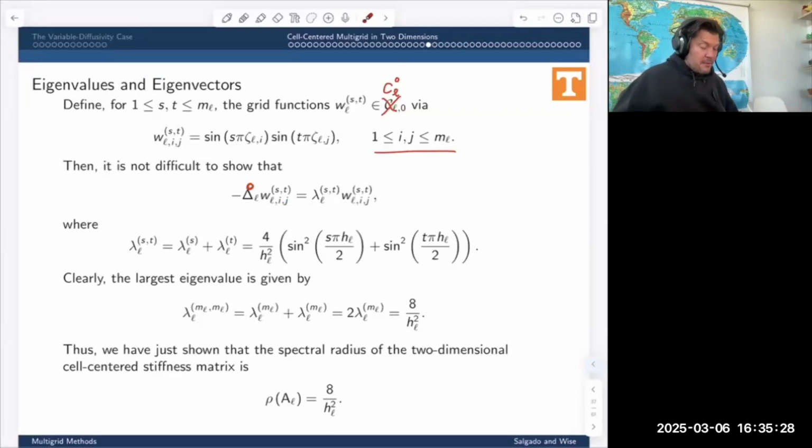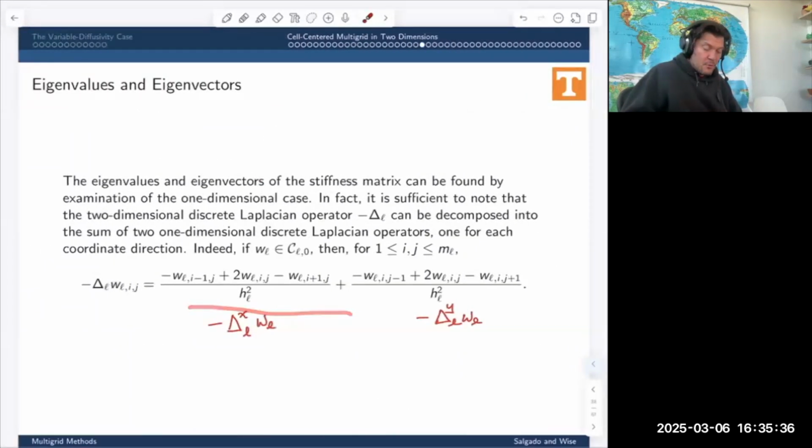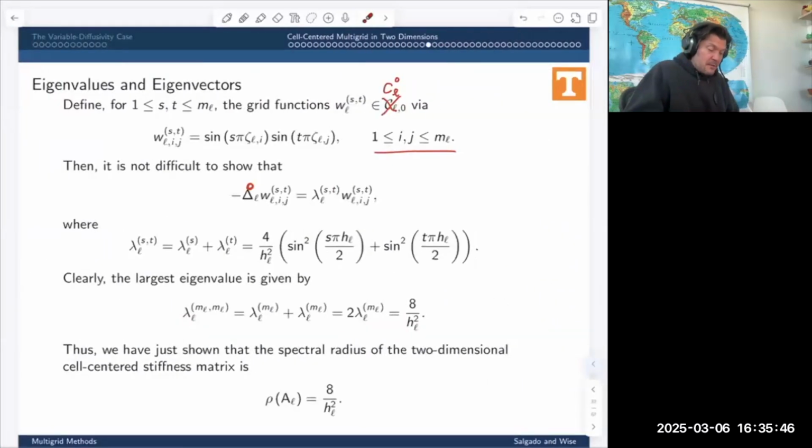Then this all makes sense because what I can show is that, because of the way of writing this as two one-dimensional operators, one going in the x direction, one going in the y direction, the one going in the x direction is only going to operate on this part, and the one going in the y direction is only going to operate on that part.